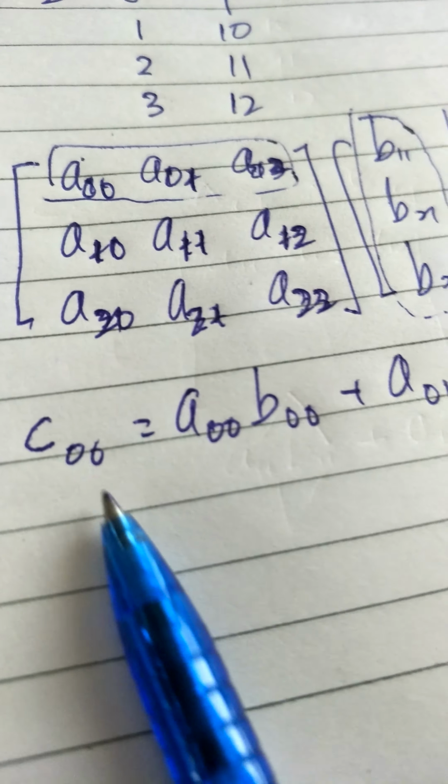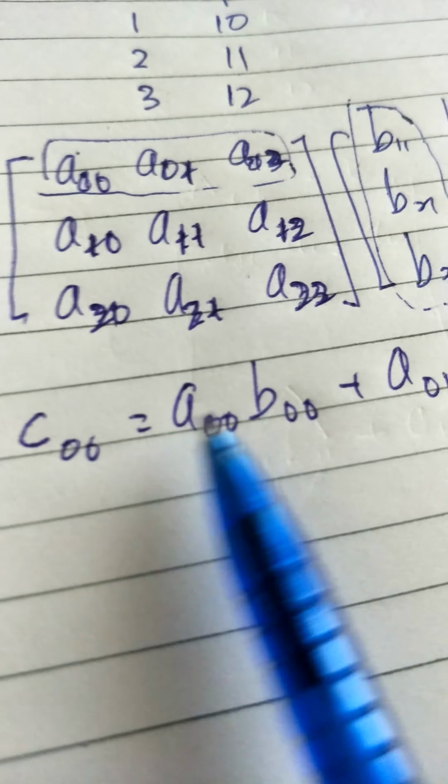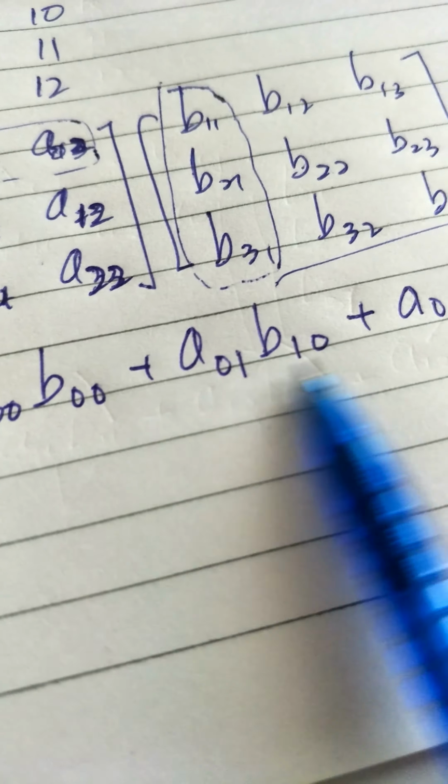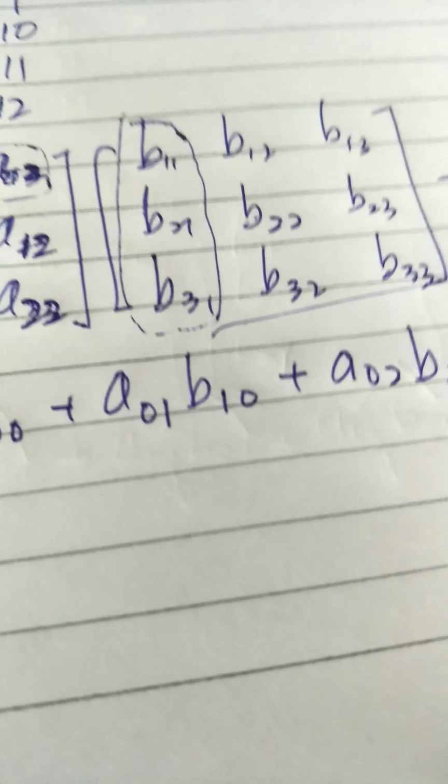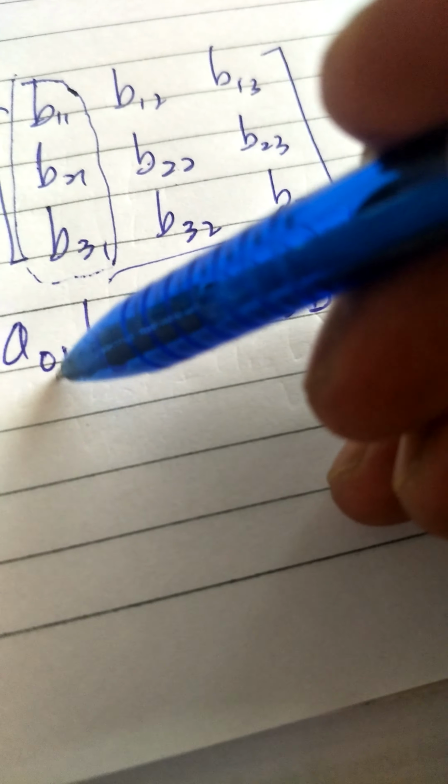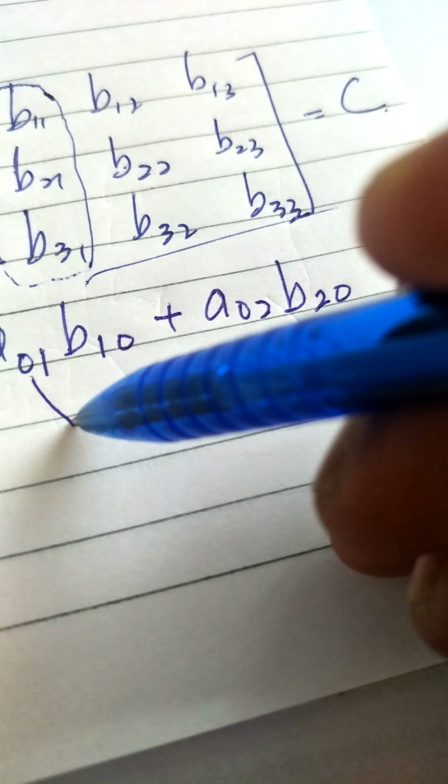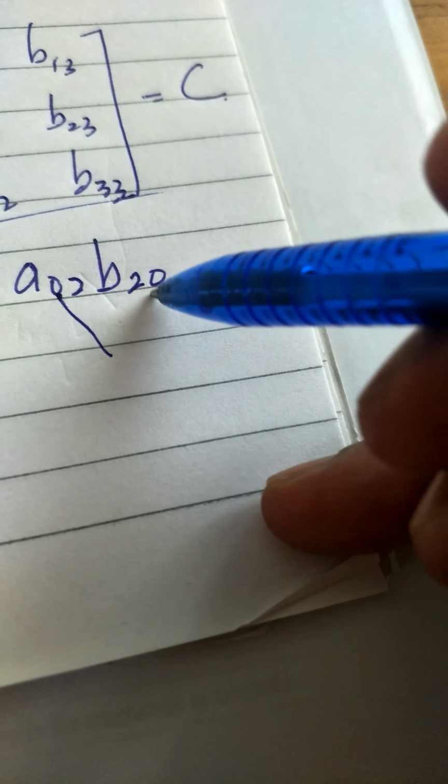That will give you C00. So where does this come from? If you look at all this, you can see that each of these, the first row, goes with that column. As well as here. So that gives you C00.